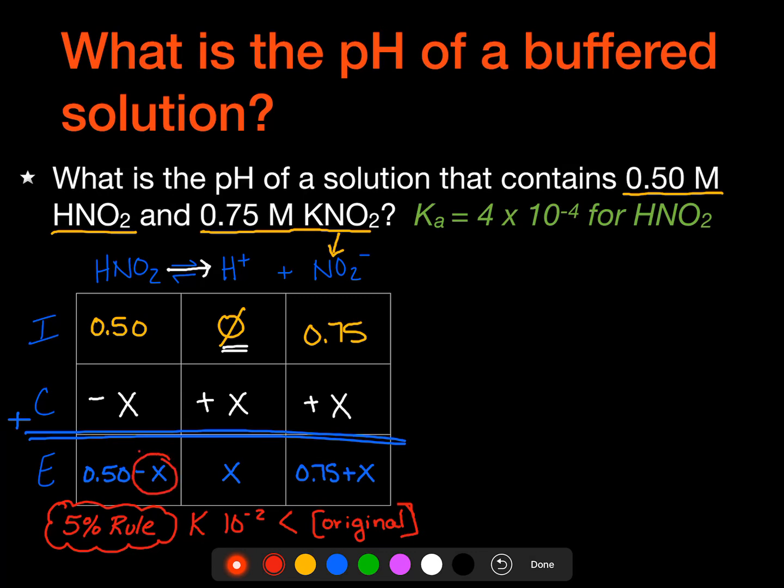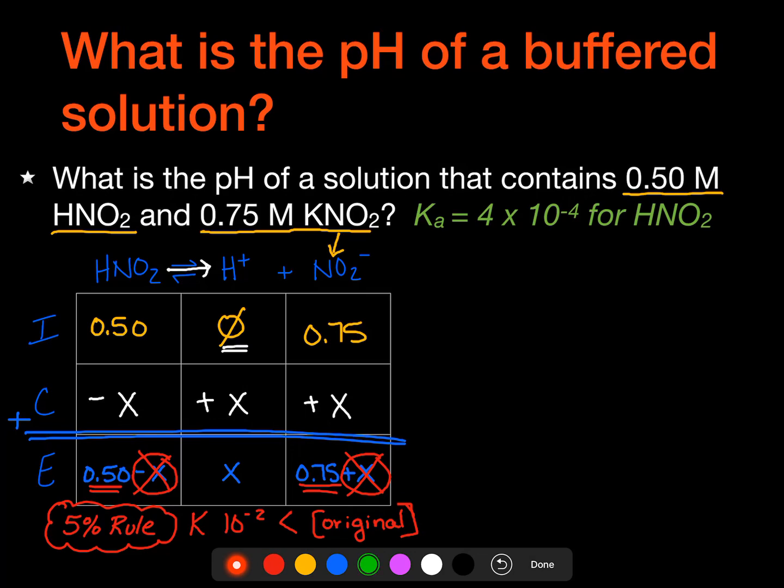And so in that case, we don't have to apply these x's. We can just use the concentrations. Okay. So now we're going to go ahead and plug these values in.